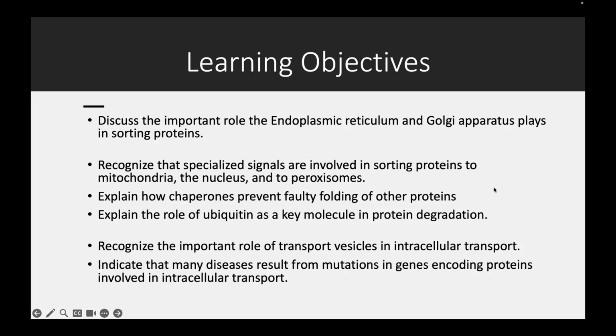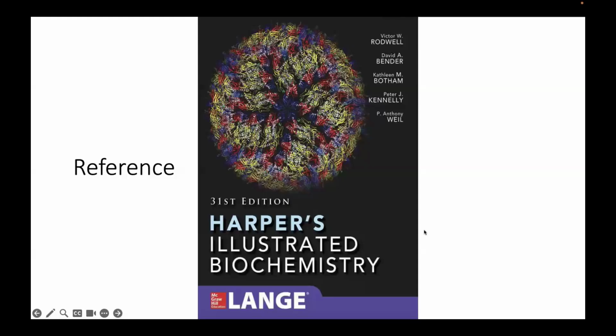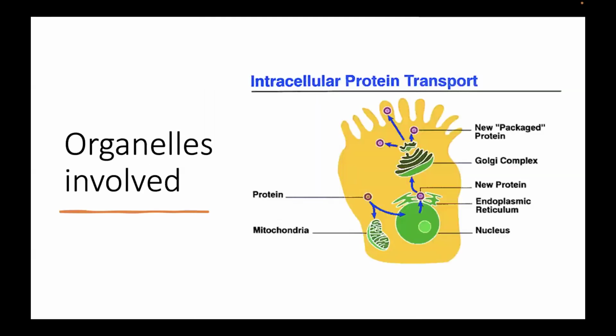We will also introduce and explain the role of chaperones as well as ubiquitin, and we will lastly discuss diseases which result from the mutation of genes which encode proteins which are involved in intracellular transport. 90% of the lesson is lifted from Harper's Biochemistry with supplemental key figures and clinical applications lifted from Integrated Biochemistry by Dr. Michael King.